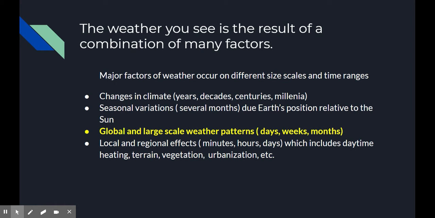Also, global and large-scale weather patterns, which occur over days, weeks, and sometimes months, and we also include local and regional effects, which occur over minutes, hours, and days, which includes daytime heating, the terrain, vegetation, and urbanization. But the focus of our talk today will be the global and large-scale weather patterns.